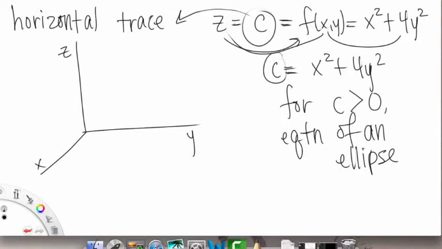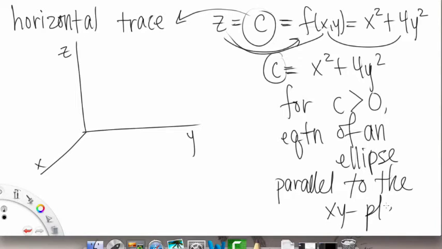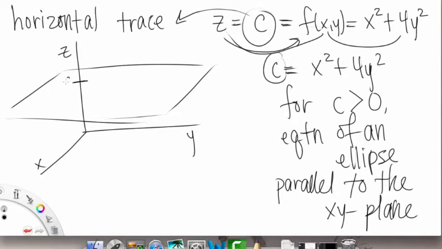This ellipse is going to be parallel to the xy plane. That's the only plane we had left, because we already used the xz plane and the yz plane. Our plane was cutting across horizontally, with c equals something there. Let's remove that plane for now.